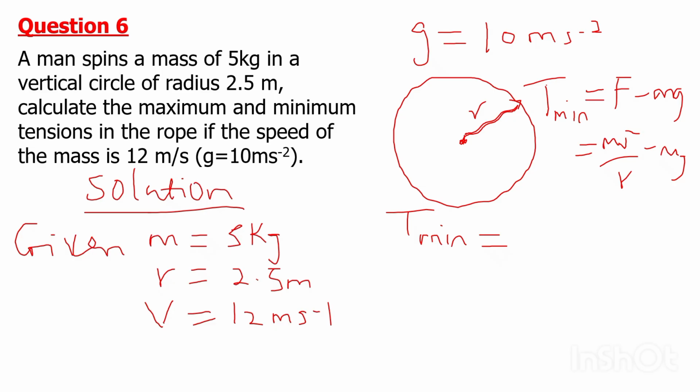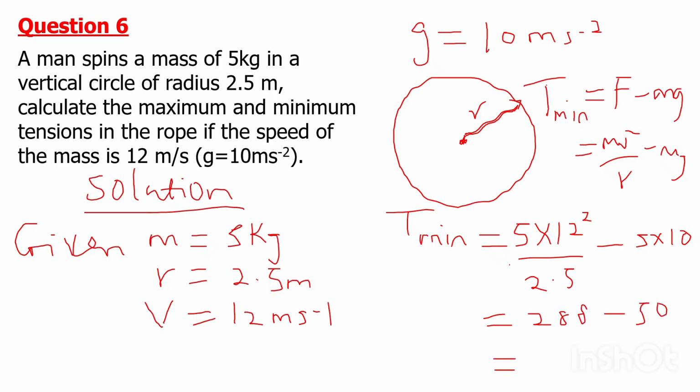That will give us m is 5, v is 12 squared, all over r 2.5, minus mass 5 times 10. So this one gave us 288 minus 50. That will give us 238 Newton. Remember to put the unit, tension is a force, so it is Newton. This is the minimum force.